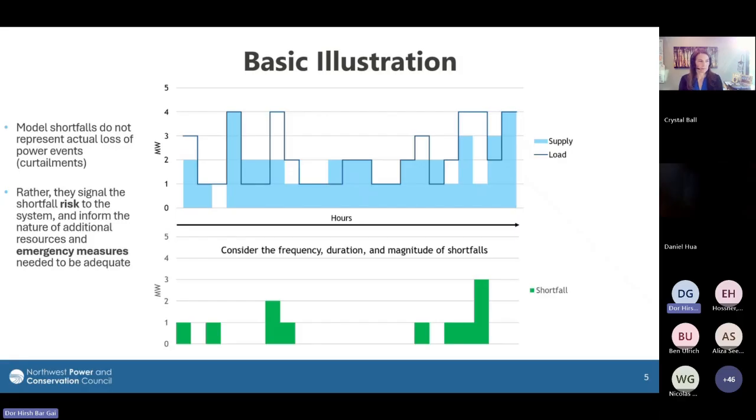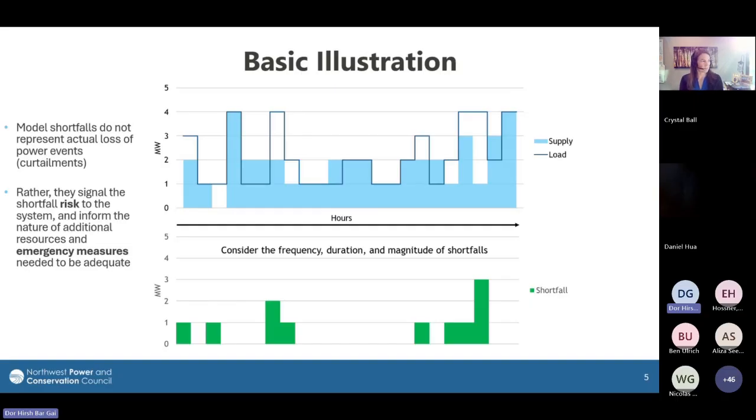And specifically, once we're able to define all of the different characteristics of the shortfalls, this can inform the types of resource acquisition decisions we need to make, whether it's additional resources for future portfolios, or a concept we often talk about in the council, to understand the emergency measures that are needed for you to mitigate potential shortfalls.